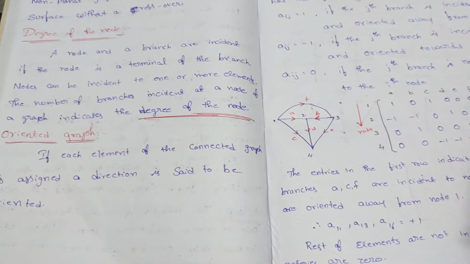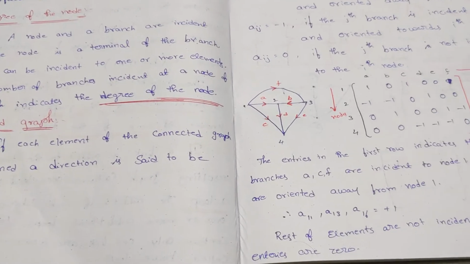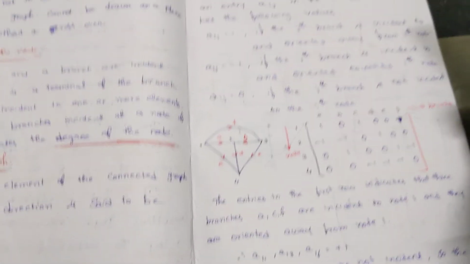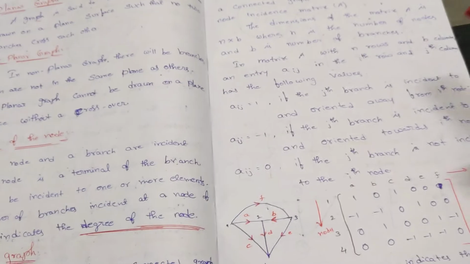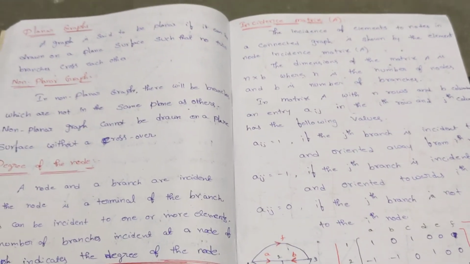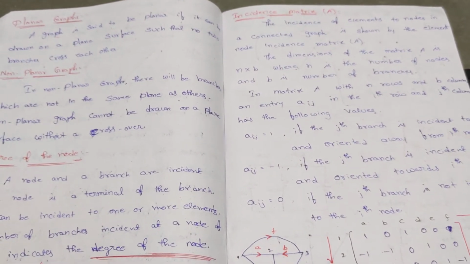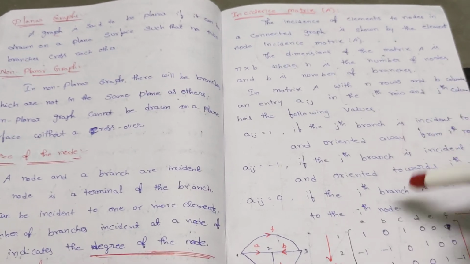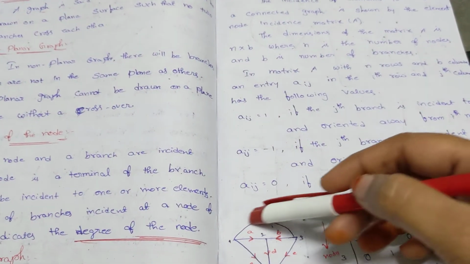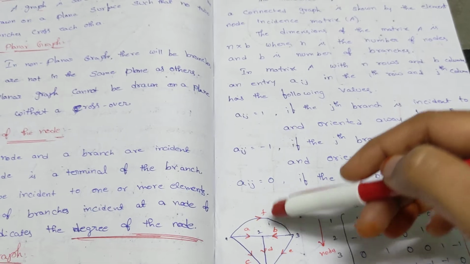To write any matrix, whether it is an incidence matrix, cut set matrix or tie set matrix, which we are going to discuss within a few minutes, the oriented graph should be there.